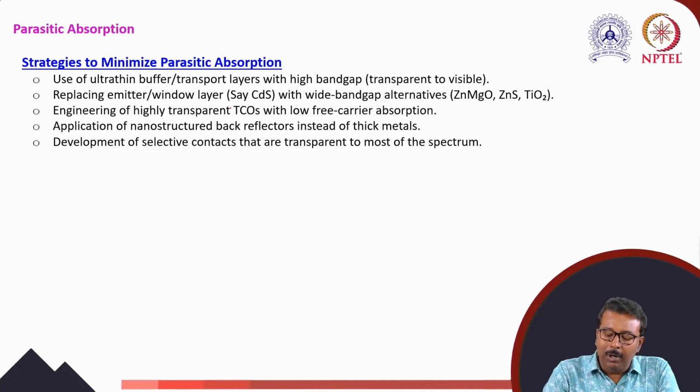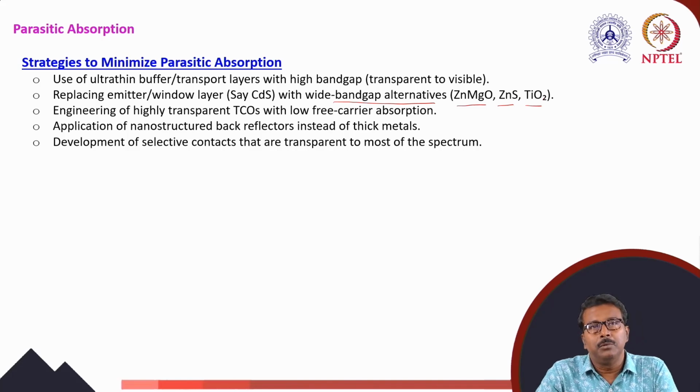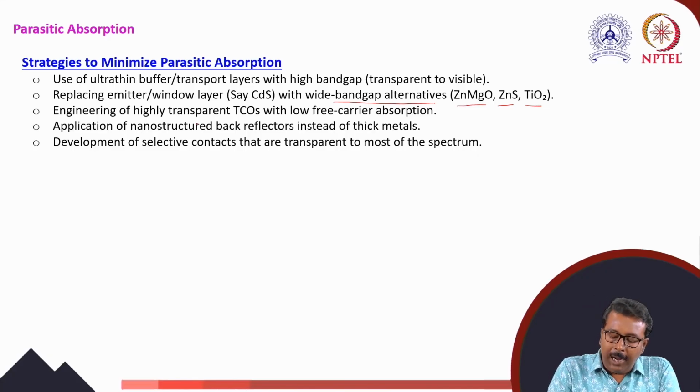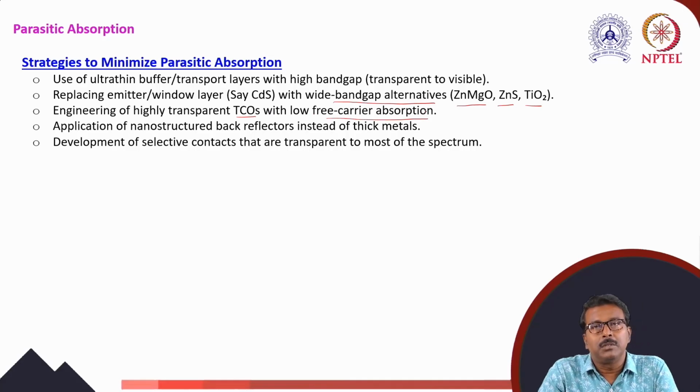Replacing the emitter or window layer with wide band gap alternatives, say zinc magnesium oxide, zinc sulfide, TiO2, etc. They have very high band gaps, so they can be used as an emitter layer or window layer. Engineering highly transparent TCOs with low free carrier absorption is also important, because TCO is responsible for free carrier absorption. So if you choose a TCO material in such a way that it has very low capability for free carrier absorption, this can be used.